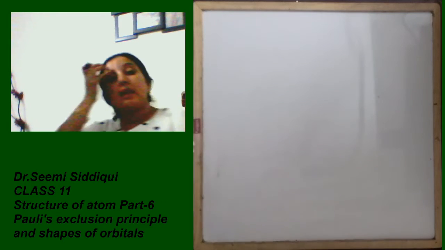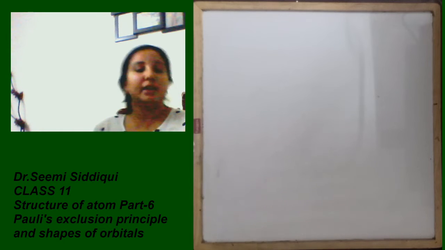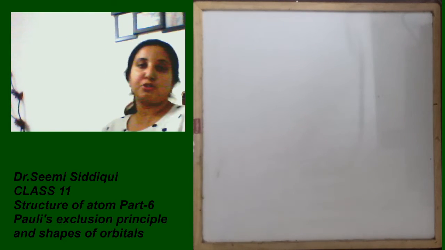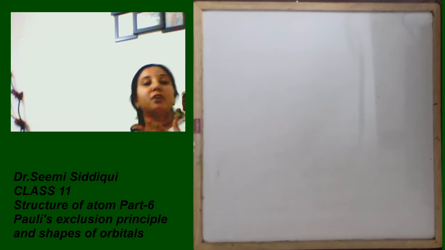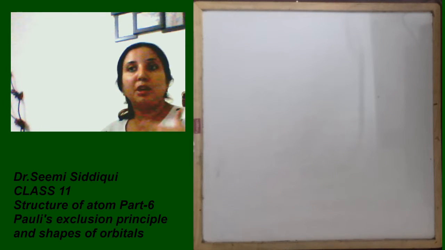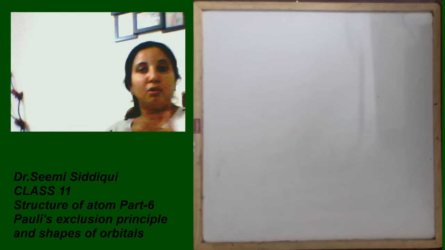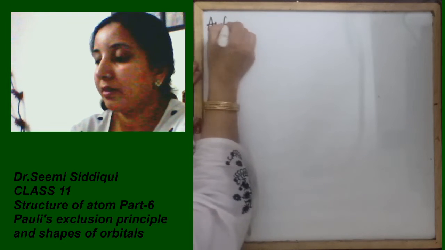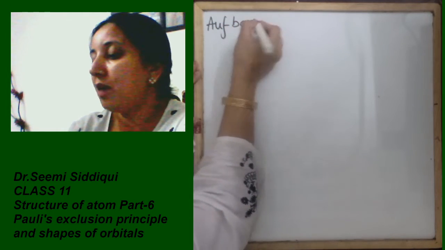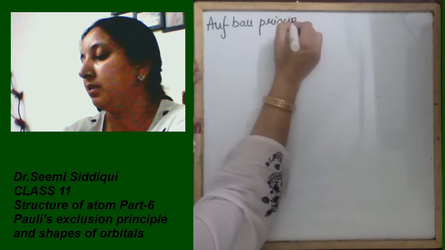If the electrons are few, it is easy to write the configuration, but as the atomic number increases, you need to write more and more, so we need to follow rules. The first rule is the Aufbau principle.